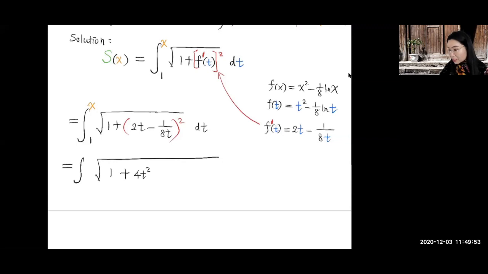Well, the middle term over here is 2 times 2t times 1 over 8t, and then adding 1 over 8t squared, which is 1 over 64t squared, t from 1 to x.